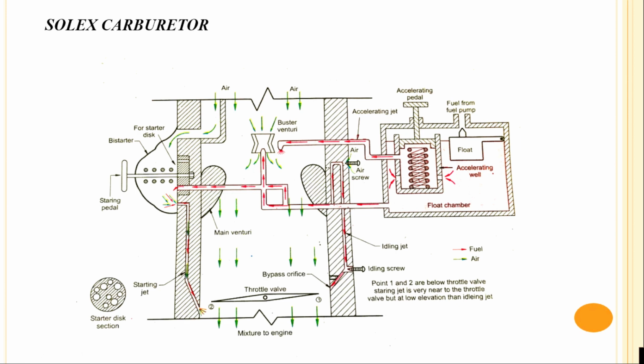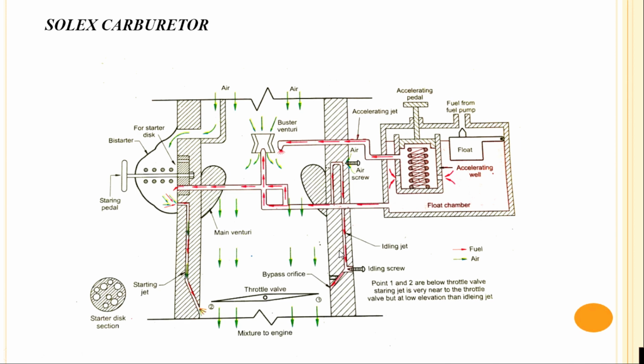Now next is the idling condition. For this condition, the Solex carburetor is provided with the idle jet. In this carburetor, a separate idling jet is provided for the rich mixture. A fuel connection from the main line leading to the main jet is taken and opened to the downside of the throttle valve through an air screw, as shown in the figure.